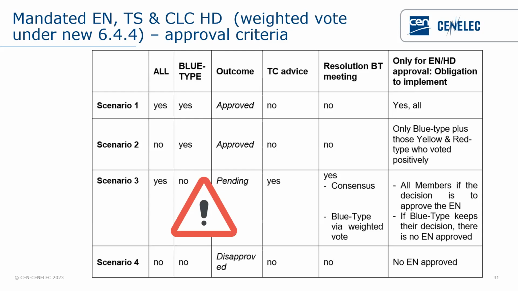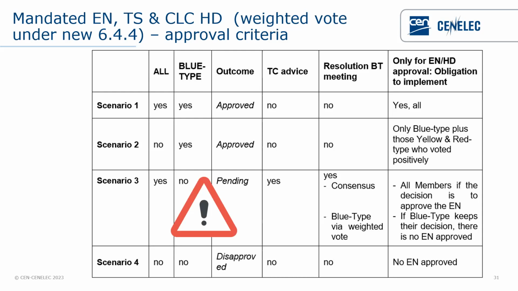With the Internal Regulation Part 2, 2022 edition, the one that will be replaced in a few days by the new one, these outcomes have been approved. So if all members approve an EN, the blue tie members counting does not even take place. But since Regulation 2480 provides that for mandated work, only blue tie members, so the members of the EU and EFTA countries, have to take the decision, this is the real novelty, and the outcome is pending.